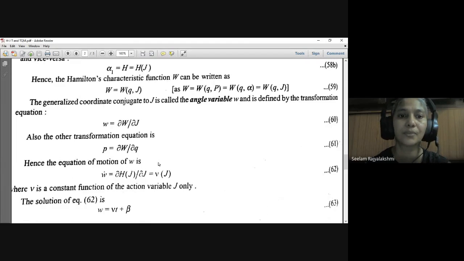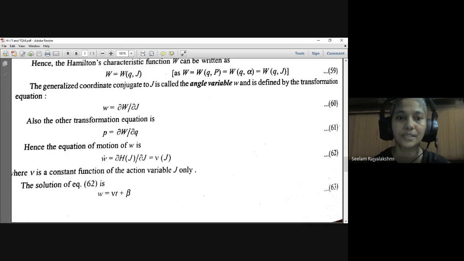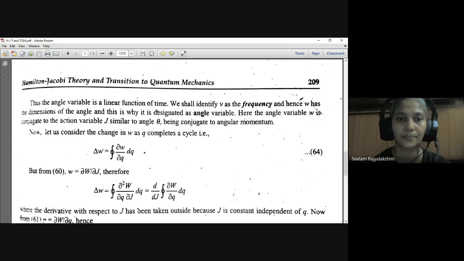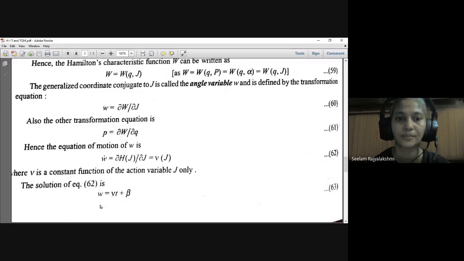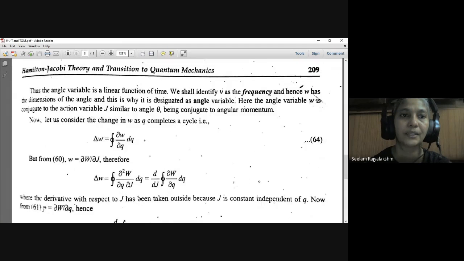Hence, the equation of motion is omega dot = dou H by dou J = nu(J), where nu is a constant function of the action variable J only. The solution of this equation can be written as omega = nu t + beta. Thus, the angle variable is a linear function of time.